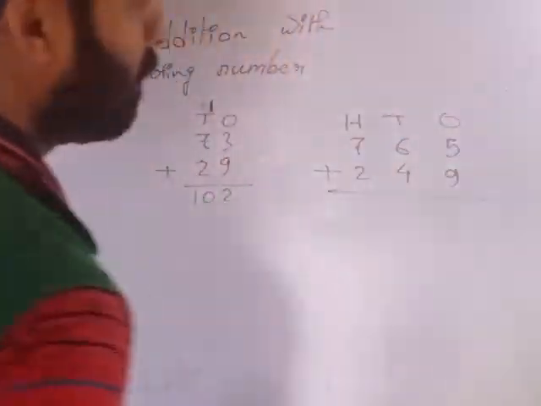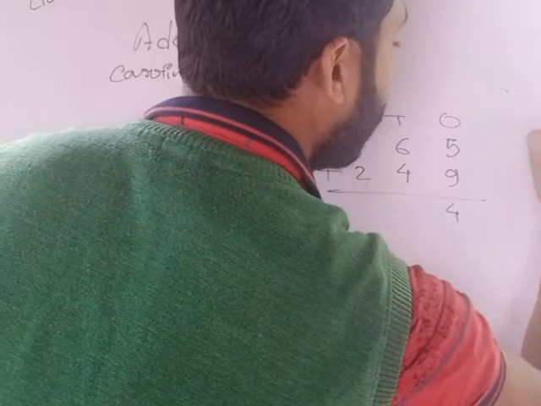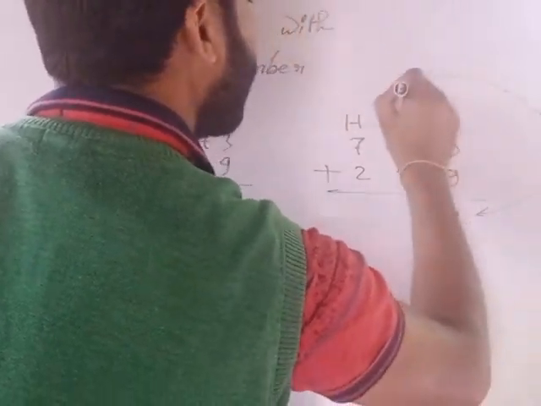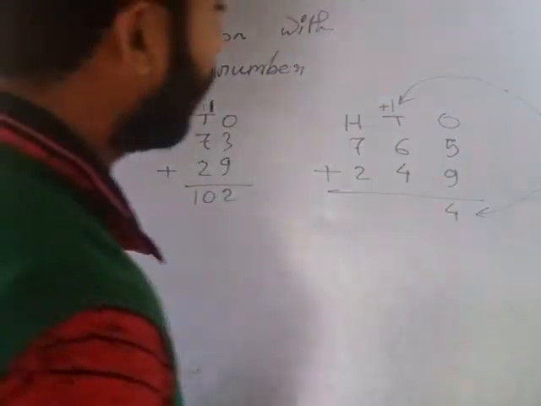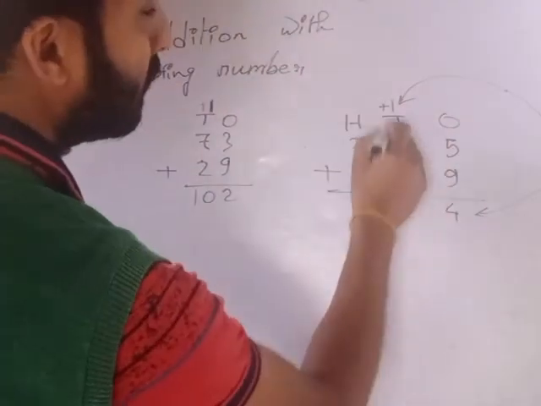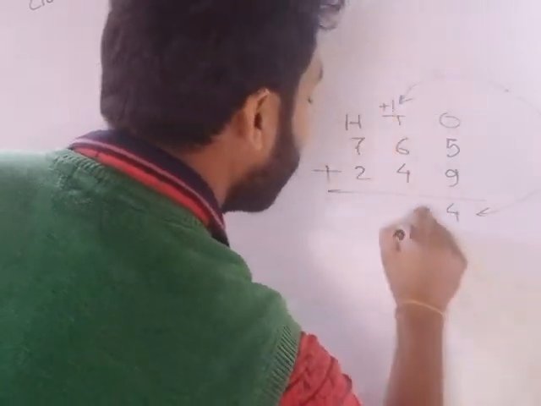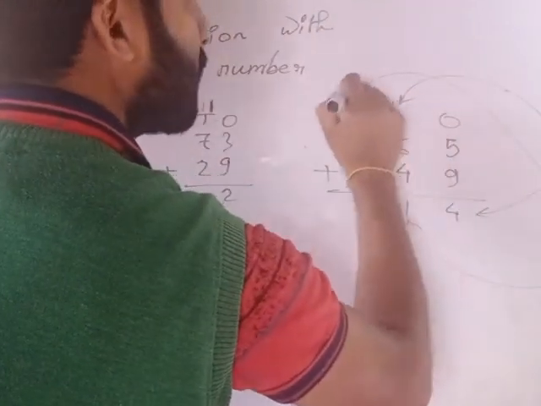9 plus 5, that is 14. So we should write here 4, and 1 goes to the next left. So we should add the 1 in the next left. 4 plus 6, that is 10. 10 plus 1, 11. So we should write 1 here and 1 goes to the next left.